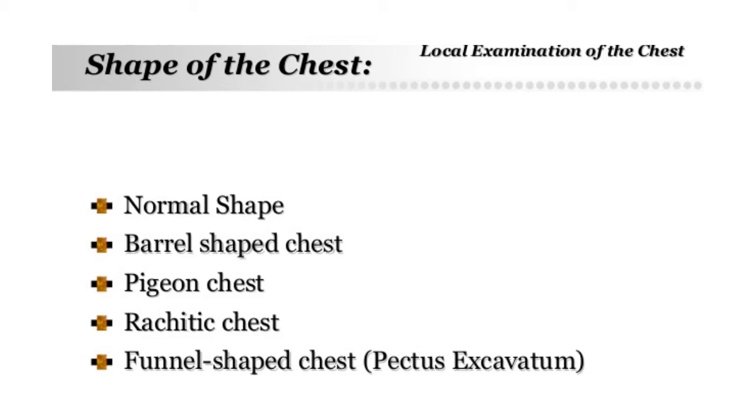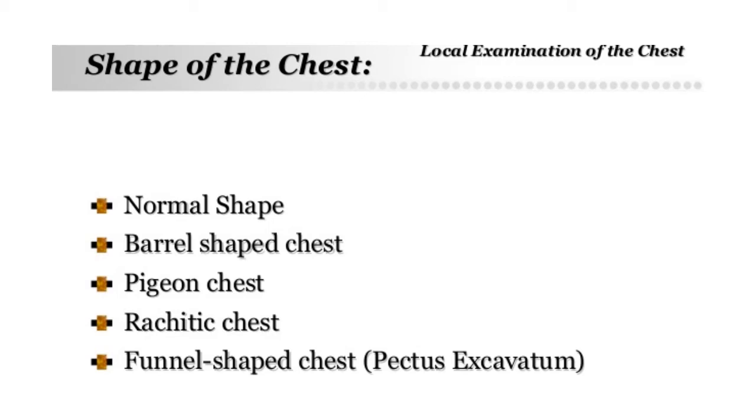Barrel shaped chest is seen in diseases like COPD, chronic obstructive pulmonary disease. And then pigeon shaped chest, pigeon chest is a congenital deformity, and then rachitic and funnel shaped chest, which is pectus excavatum or pectus carinatum.